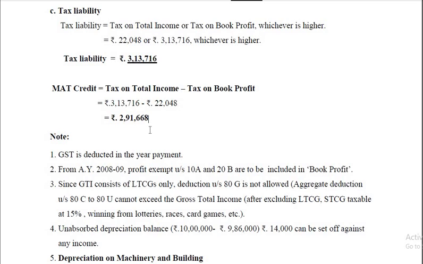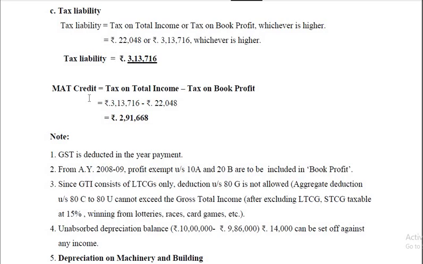Next year, supposing the tax on total income is more than tax on book profit, then tax on total income is the tax liability. In that case, MAT does not apply. But you can make use of MAT credit to the extent of the difference between tax on total income minus tax on book profit.